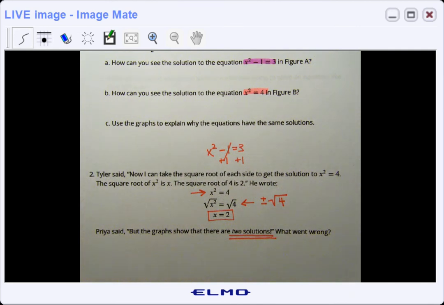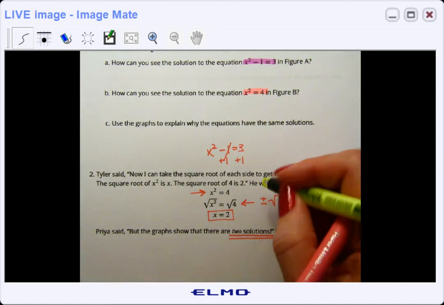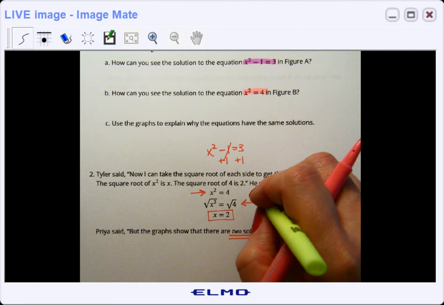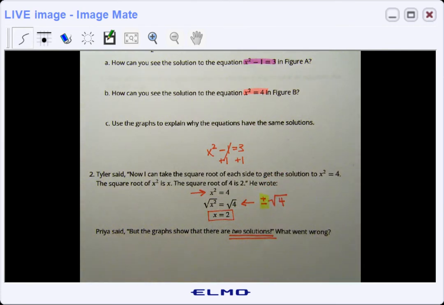Okay, so when you have an equation that has x squared and you eventually isolate that and then square root, you need to remember to put the positive and negative symbol in front of that square root. So he didn't do that there. His final answer should be positive and negative 2.